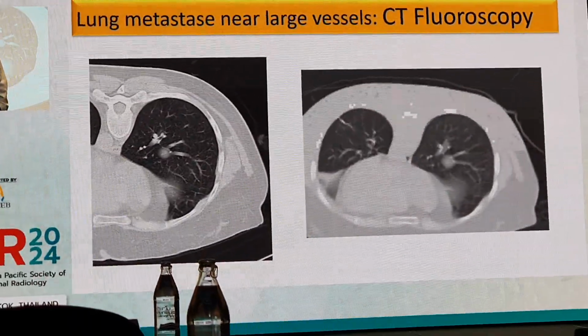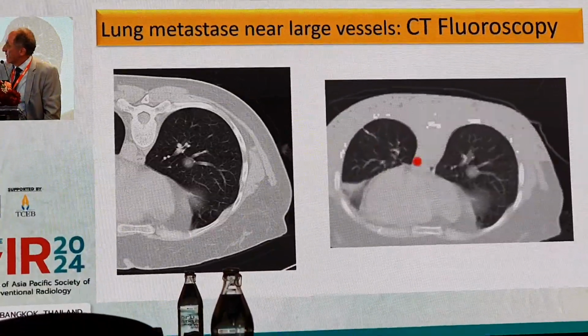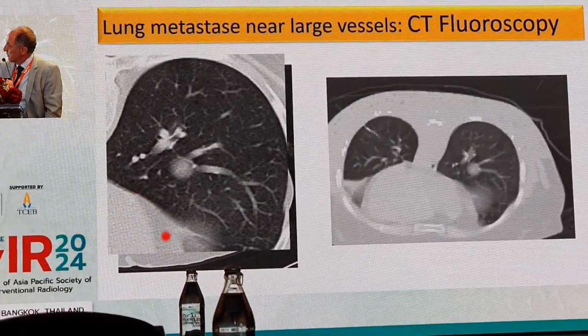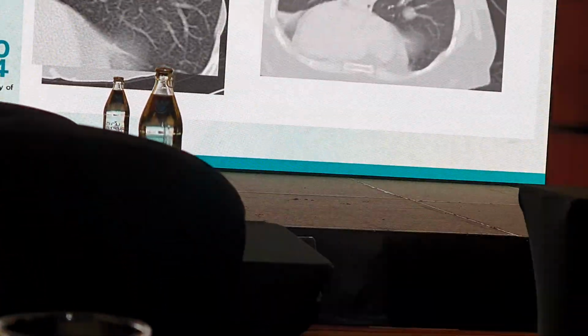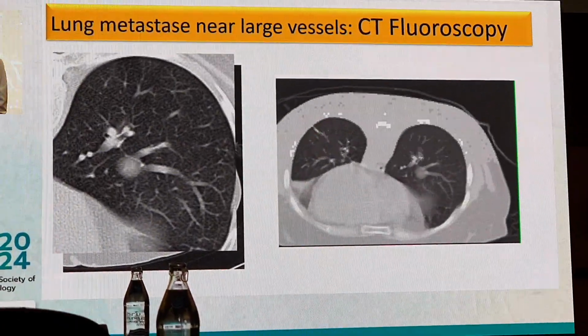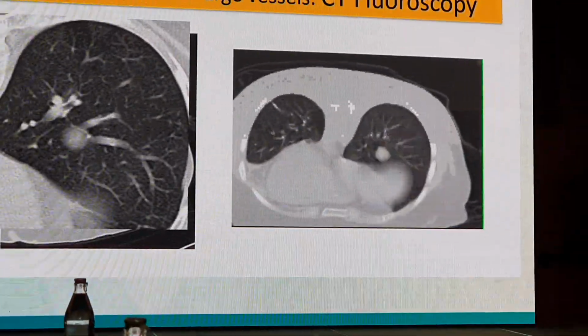It is a case where I would recommend using fluoroscopy for different reasons. First, it is a case with a sensitive organ very close to the tumor, and you have a very large vessel. So in that case, I prefer to use fluoroscopy. Fluoroscopy makes your puncture very, very fast.